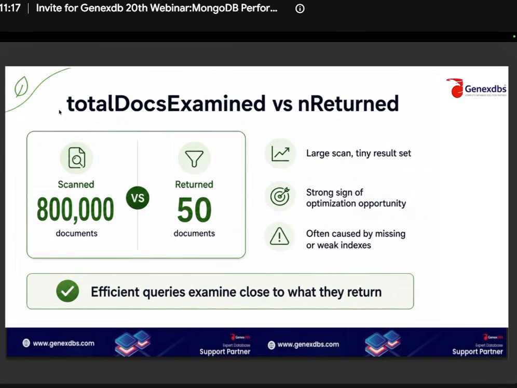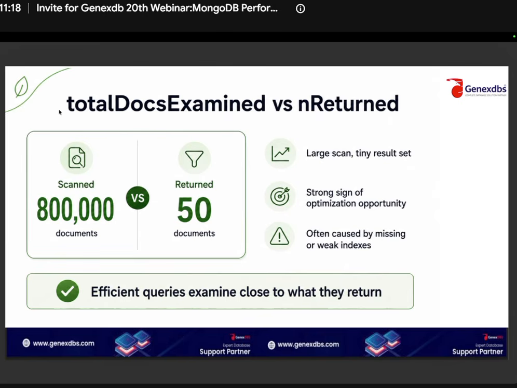This comparison will reveal the query efficiency. Here, for example, we will consider one production scenario. If the index does not exist, then MongoDB scans the full collection. For example, it scans 8 lakh documents, but it returns only 50 documents as results.